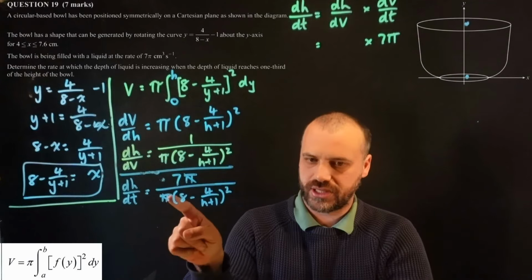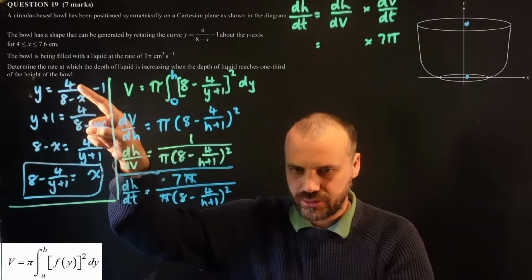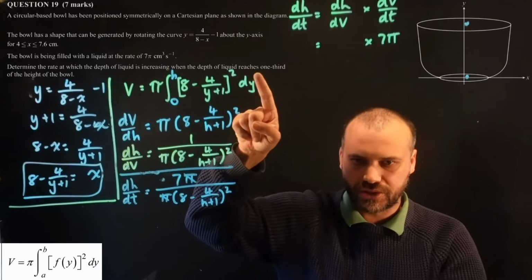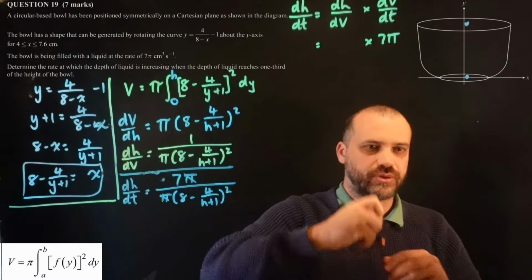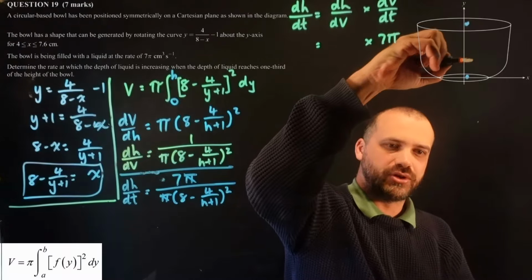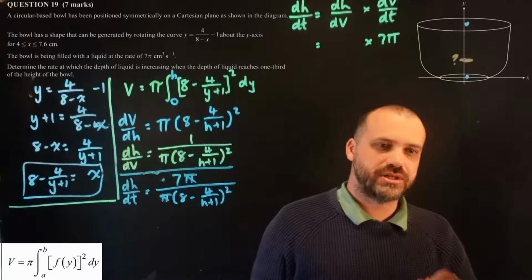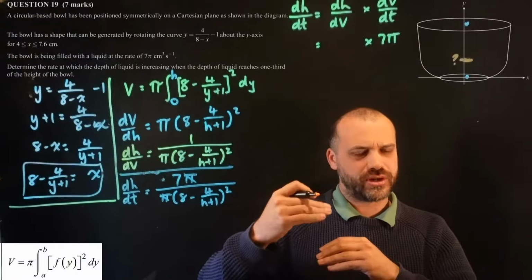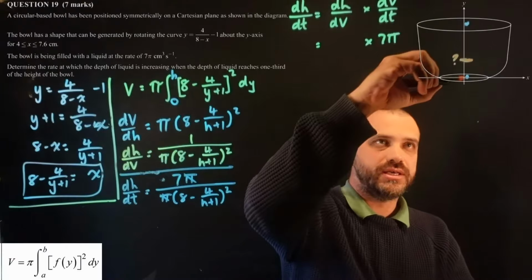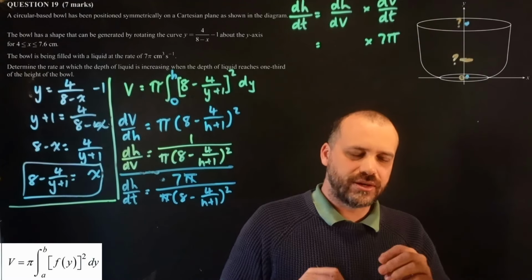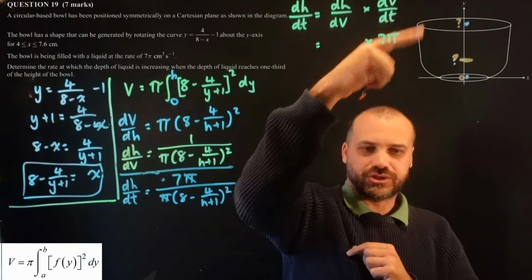We've got this function here, and it says determine the rate at which the depth of liquid is increasing when the depth of liquid reaches 1/3 of the height of the bowl. So here's my bowl, here's 1/3 of the height of the bowl. What is that height? I don't know what 1/3 of the height of the bowl is, but I know here is 0, and I don't know this one yet either, but if I knew that one, I could just divide it by 3.